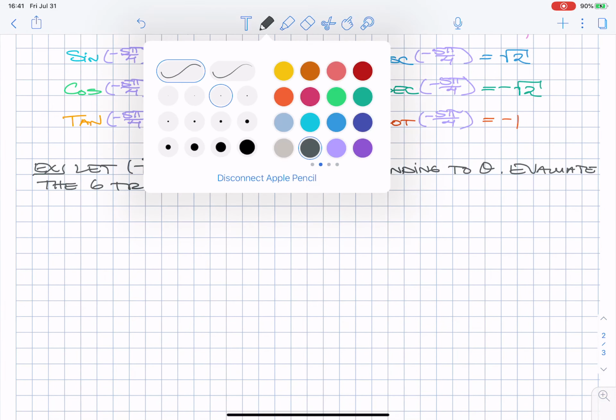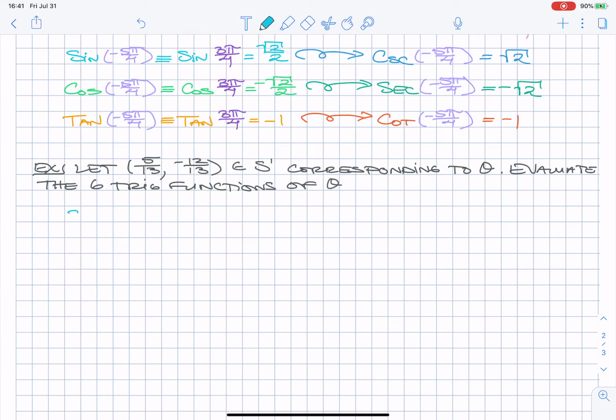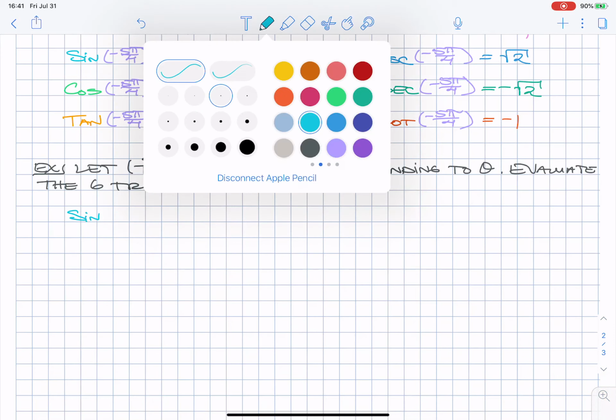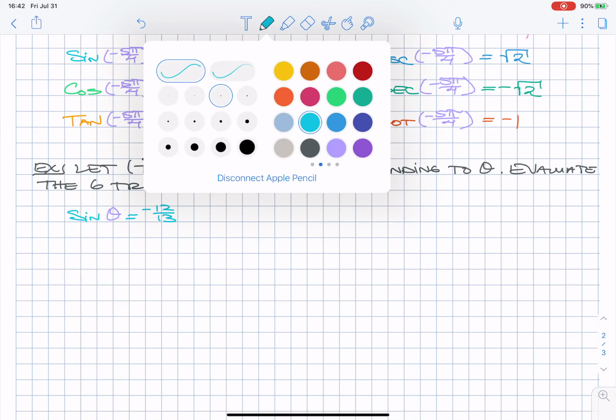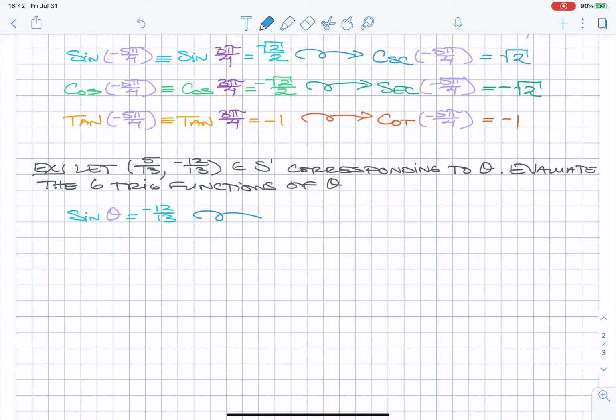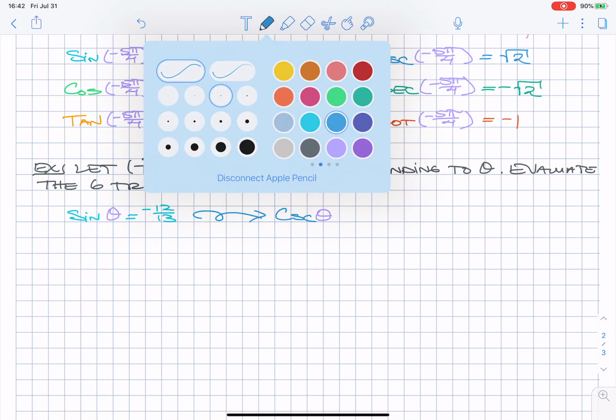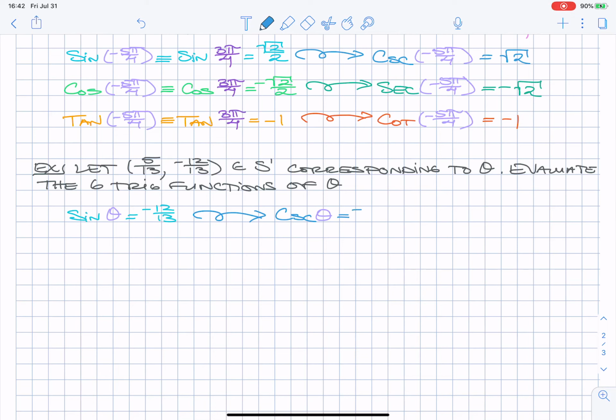Okay, well, sine of theta is just the y-coordinate. So the y-coordinate here is negative 12 over 13. The reciprocal, cosecant of whatever the angle theta is, let me write theta a bit better, is just flip sine upside down, so negative 13 over 12.